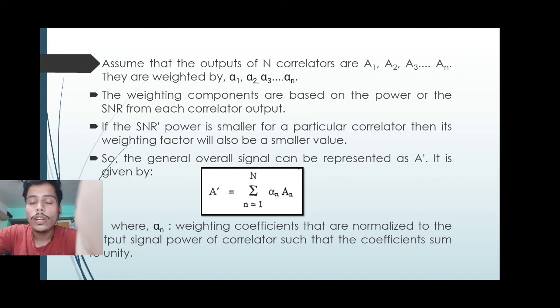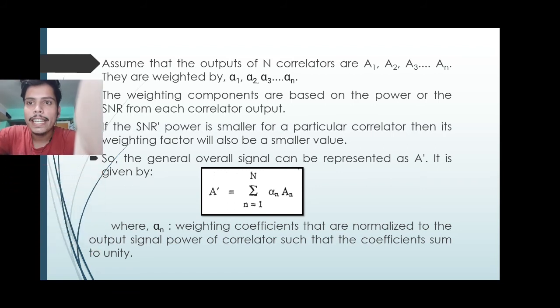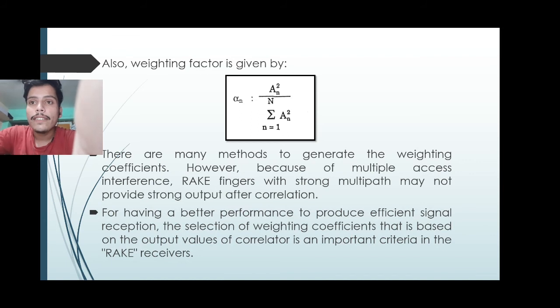So the overall signal can be represented as A dash, given by A dash equals the sum from n equals 1 to n of alpha n multiplied by An, where alpha n is the weighting coefficient, normalized to the output signal power of the correlators such that the coefficient sum is equal to unity. Also, the weighting factor is given by alpha n equals An squared upon the sum from n equals 1 to n of An squared.